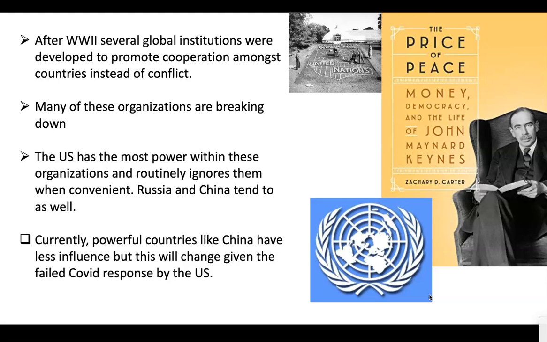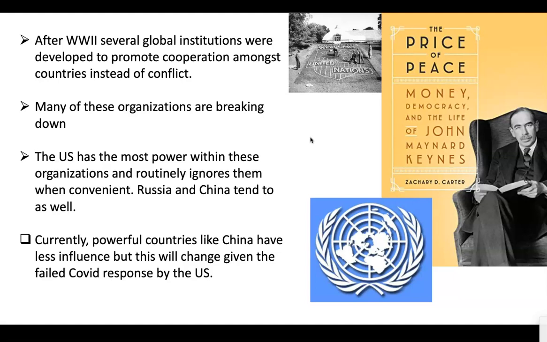So, as I say here, the failed COVID response by the U.S. will probably mean that China is going to become more influential. The system that a lot of Western Europe and the United States adopted were ideas by John Maynard Keynes about government involvement in the economy, basically arguing that at times of Great Depression or breakdown, the government should get involved, subsidize things, that sort of thing.